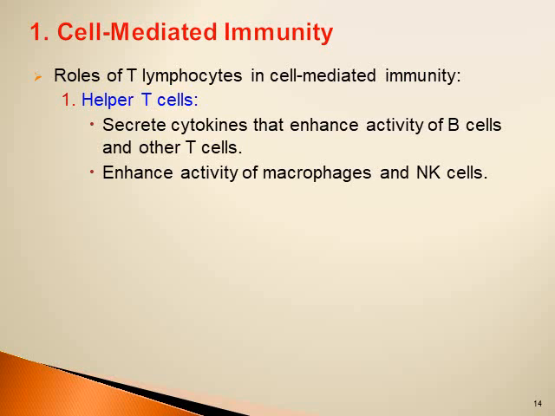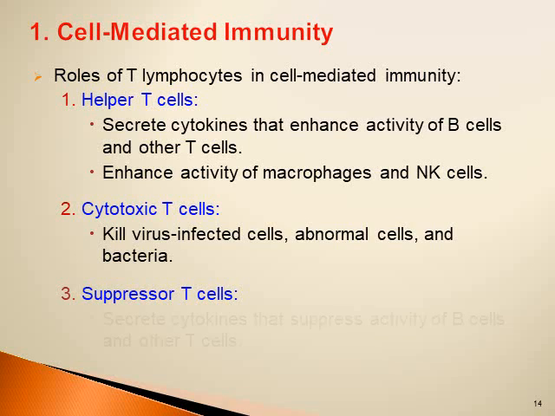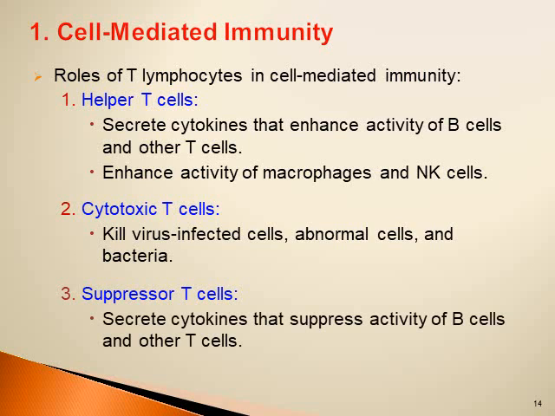Helper T cells enhance the activity of macrophages and natural killer cells of the innate immune response. Another type of T lymphocytes are the cytotoxic T cells. They kill virus-infected cells, abnormal cells, and bacteria. The suppressor T cells, another type of T cells, secrete cytokines that suppress the activity of B cells and other T cells.